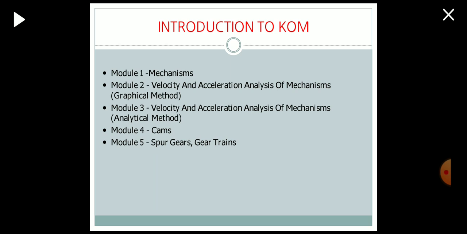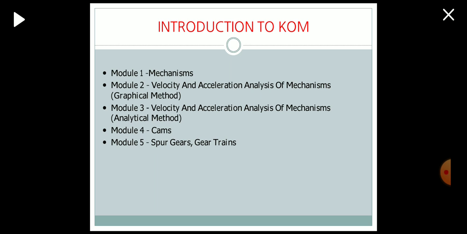And next, in the next subtopic, there is gear trains. In gear trains, we have different types of gears and the process by which they transmit power. There are 2 to 3 gears connected, and they rotate and transmit power. So we will calculate the power transmitted and the rotational speed of the output gear.